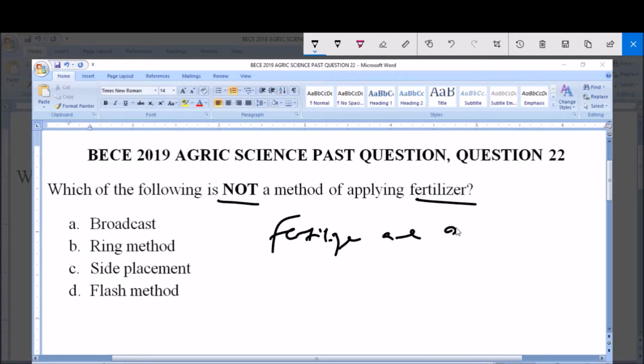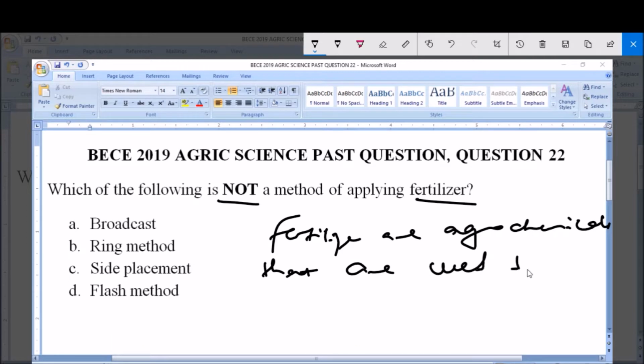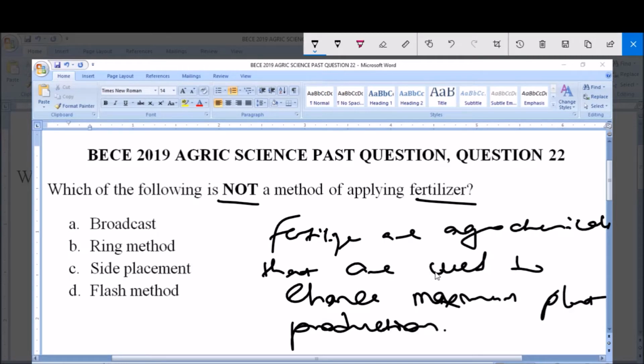Fertilizers are agrochemicals that are used to enhance maximum plant production. So fertilizers simply refers to agrochemicals that are used to enhance what? Plant production.